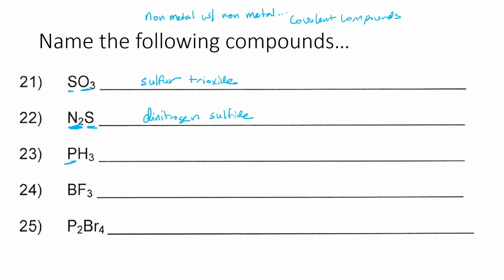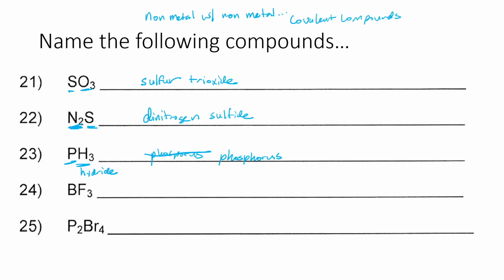Next one, we have a phosphorus with 3 hydrogens. But whenever hydrogen is acting like a nonmetal, where it wants to take electrons, it becomes this thing called a hydride. So the answer to this one would be a single phosphorus. Phosphorus, there we go.